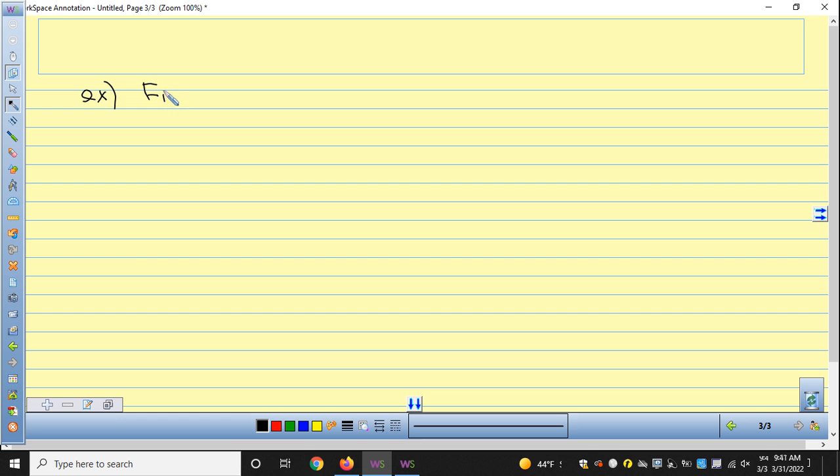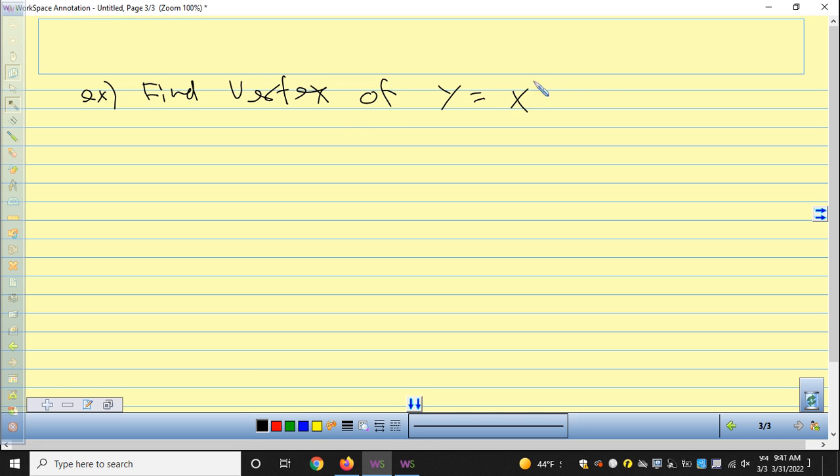We want to find the vertex of y equals x squared plus 2x minus 28 by completing the square.